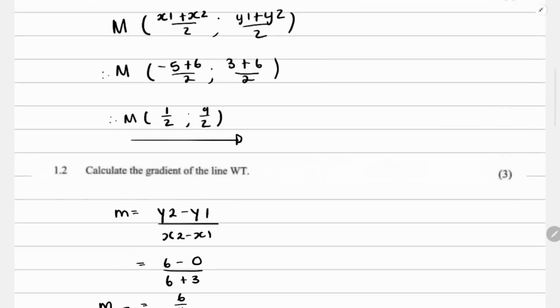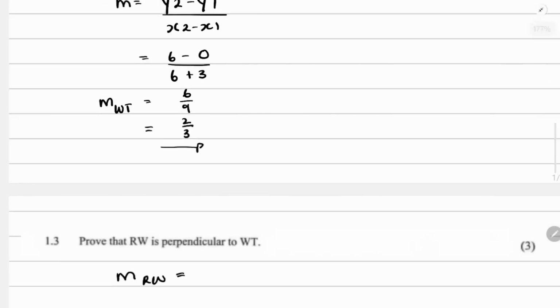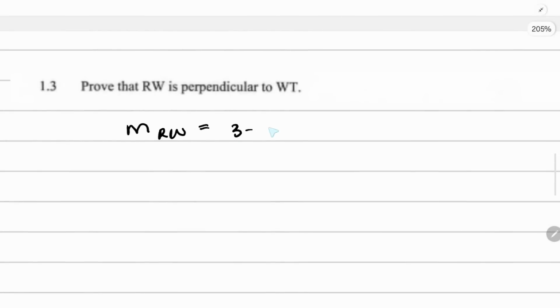And we're going to say y2 minus y1 over x2 minus x1. So that's going to be 3 minus 0 over negative 5 minus negative 3. Of course, that multiplies and becomes a positive 3. So that gives us 3 over, and that's going to give us negative 2.